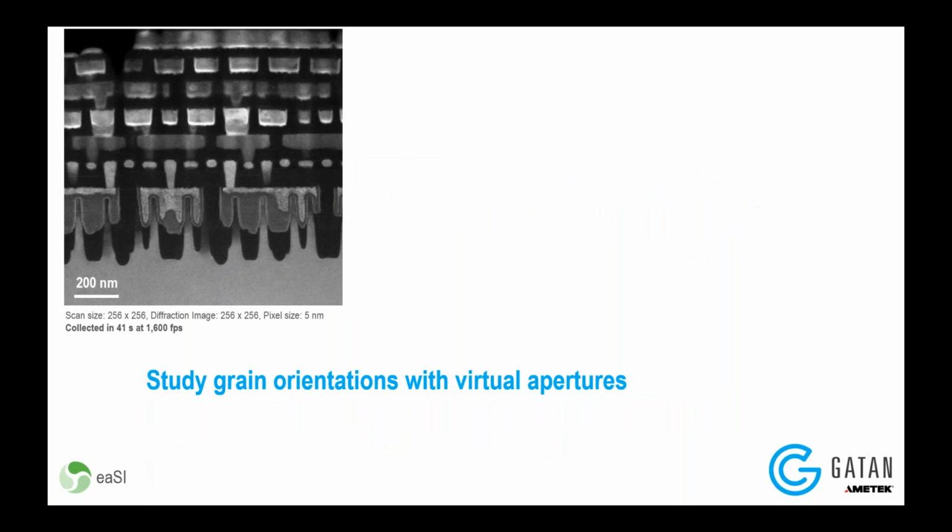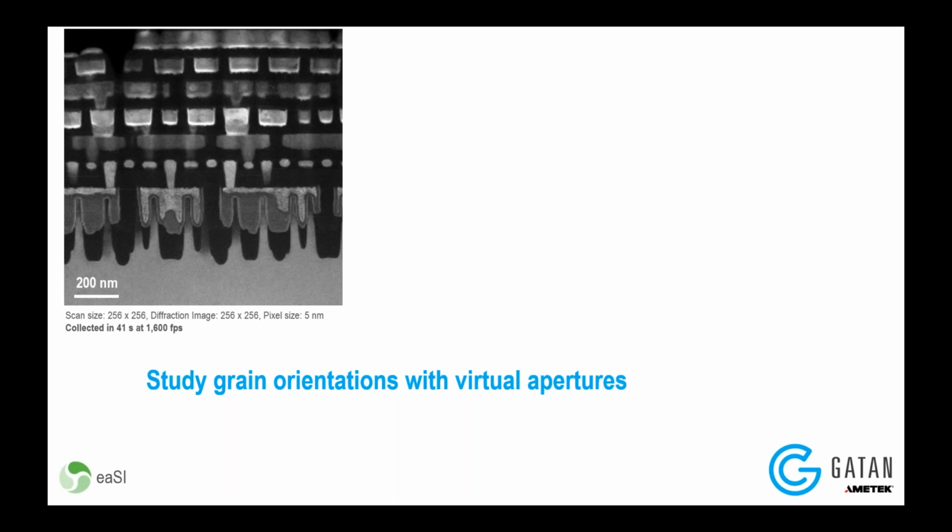So this is a very quick data set example of using virtual apertures on data that was collected with the ClearView camera. This is our semiconductor sample again that I showed earlier in the presentation. This is a 256 by 256 scan size, so it's a pretty large scan.